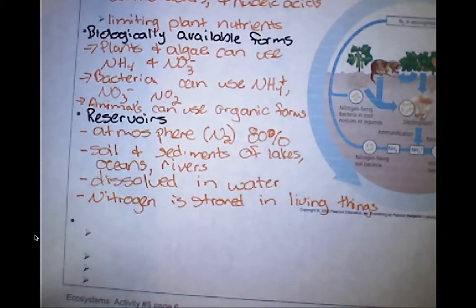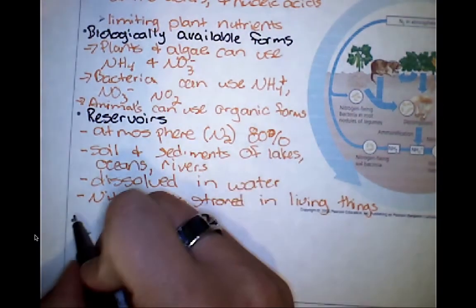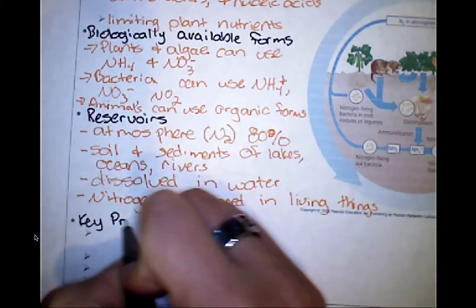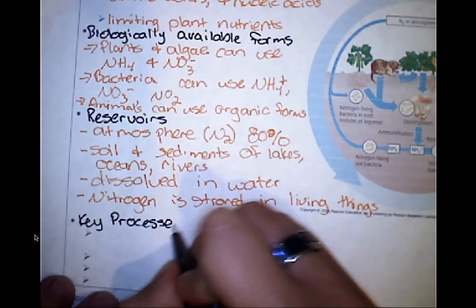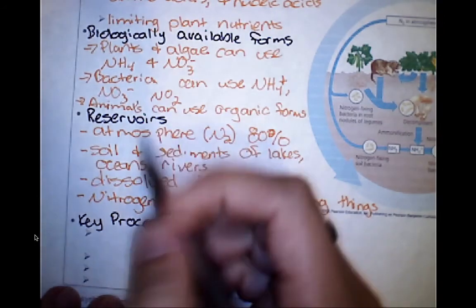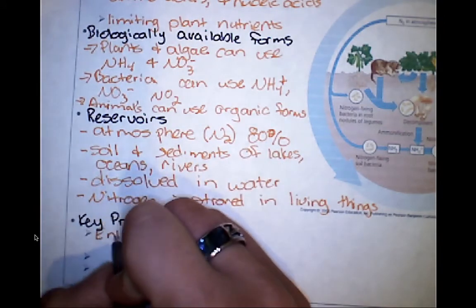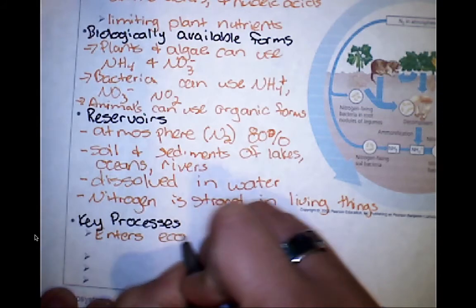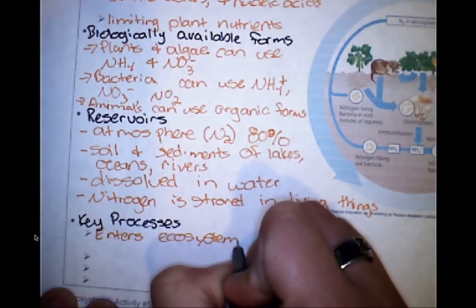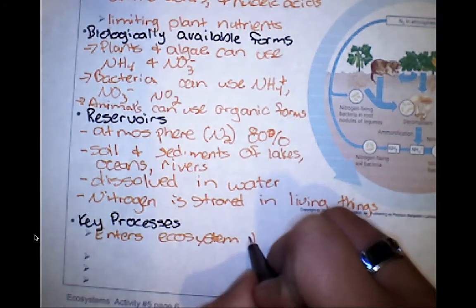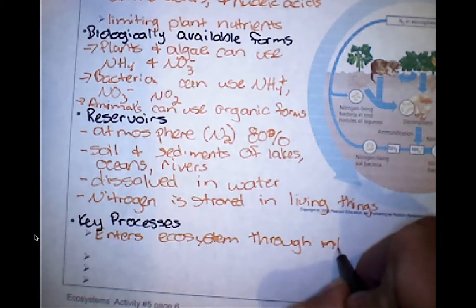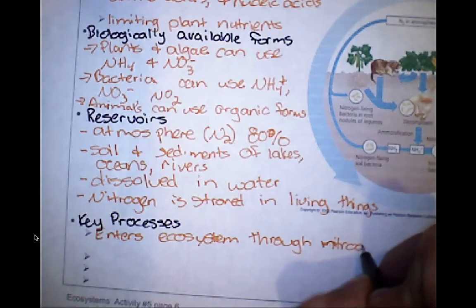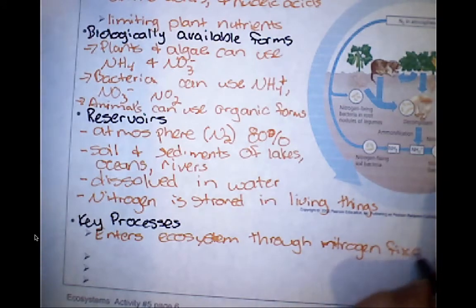Okay. And then the key processes, the things that are involved in getting and cycling nitrogen around and turning it from one form to another. The main key process is how it enters the ecosystem. So it goes from the atmosphere into the ecosystem through nitrogen fixation. Nitrogen fixation done by bacteria.